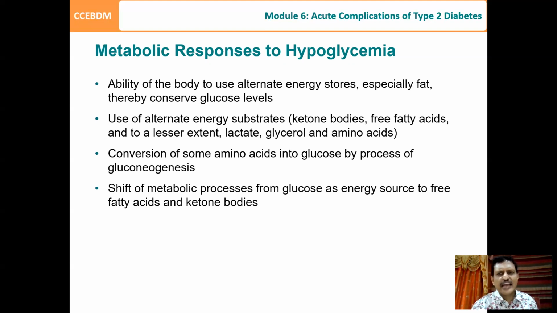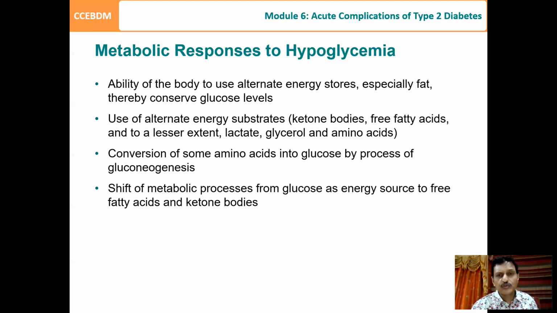To a lesser extent, lactate and amino acids, because this is the protein product that actually occurs if the hypoglycemia persists for a long period of time, as we see in starvation. The conversion of some of the amino acids into glucose is basically by the process of gluconeogenesis.